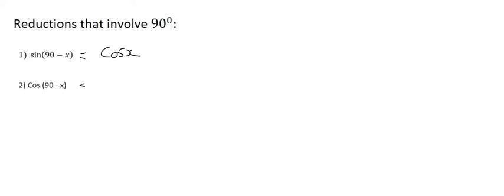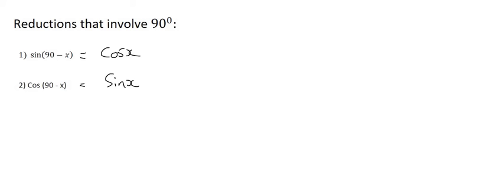This one simply switches into sin x. Note that in the previous slide, in all those examples, if something started with sin, then it ended with sin. But when you get to these 90 degree ones, they switch from sin to cos, or from cos to sin. That is very important to remember, as I see many students sometimes forget about this.